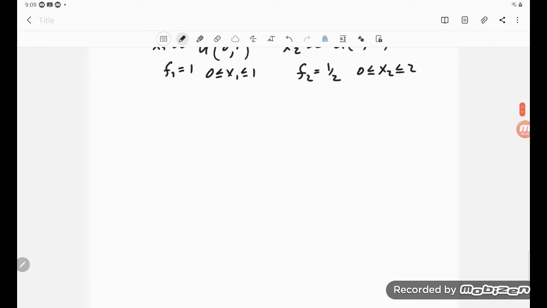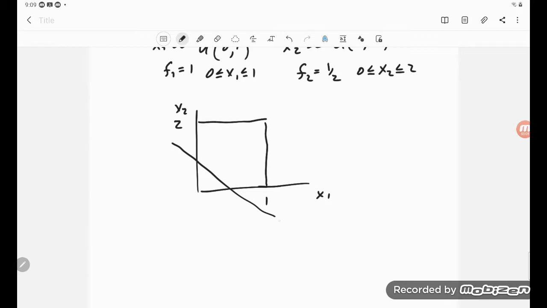Okay, and so if this is x1 and this is x2, then our region, that's 1 and that's 2, and we are looking at various pieces here.